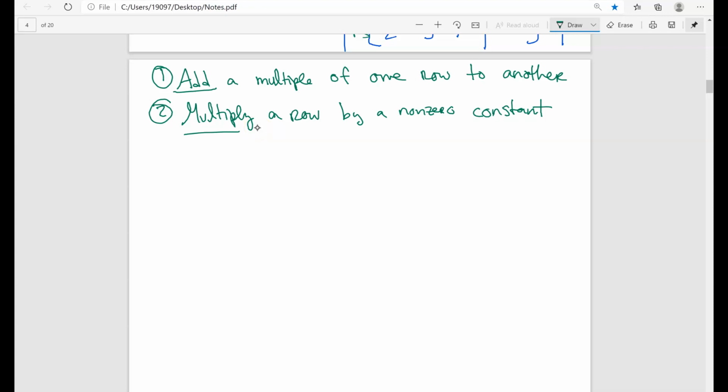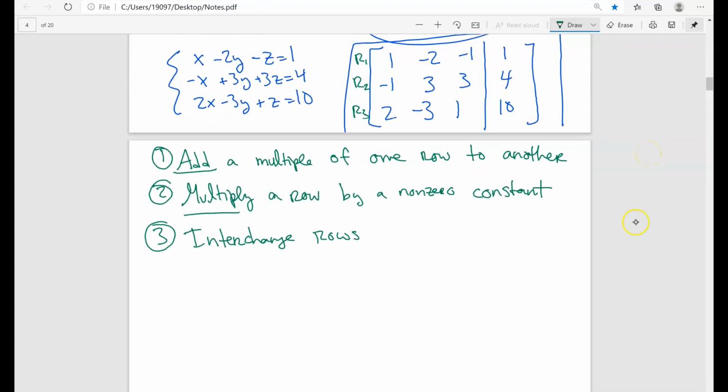You can't do that. Another thing that you can do is interchange rows. So for example, if you wanted to switch these two rows, like row 2 and row 3, you can swap them. That's perfectly fine. So you might want to consider doing that.